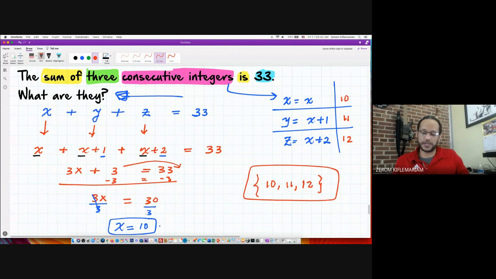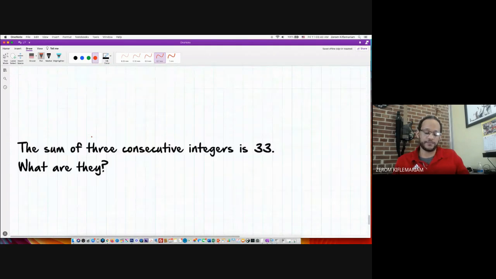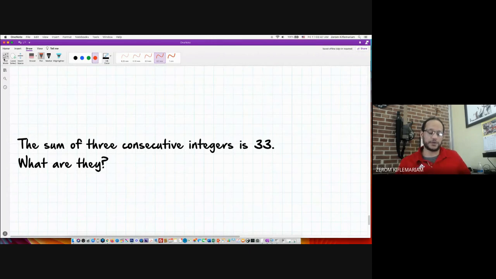All right, just for time's sake, let's go ahead and look at another problem right here. The sum of three consecutive, let's modify it a little bit.